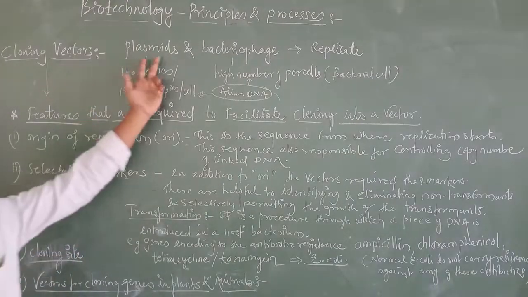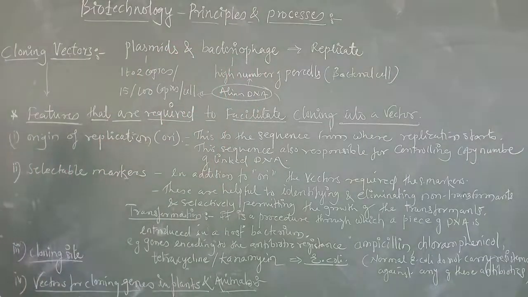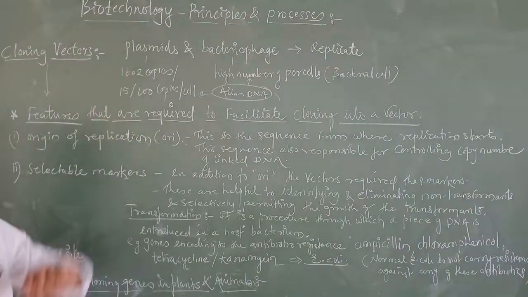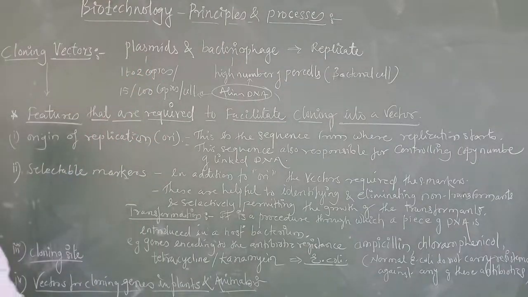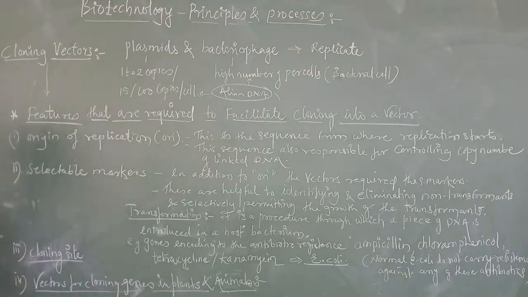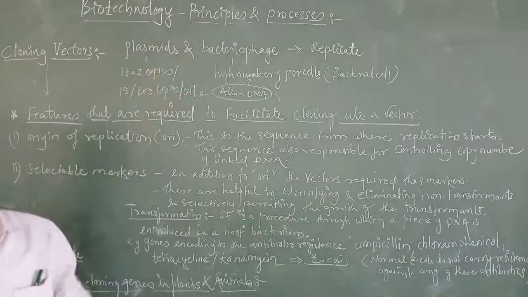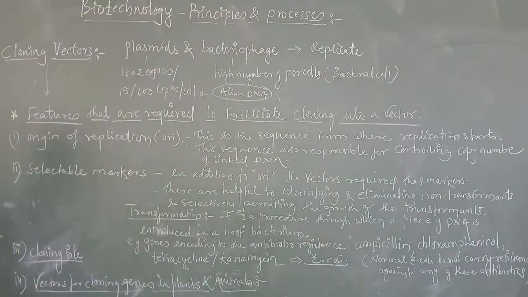Both plasmids and bacteriophages have their own replicating capacity. I told you that the plasmid is an extra chromosomal DNA and it has its own replication capacity. So the cloning vectors, the plasmids and bacteriophage, have self-replicating capacity.